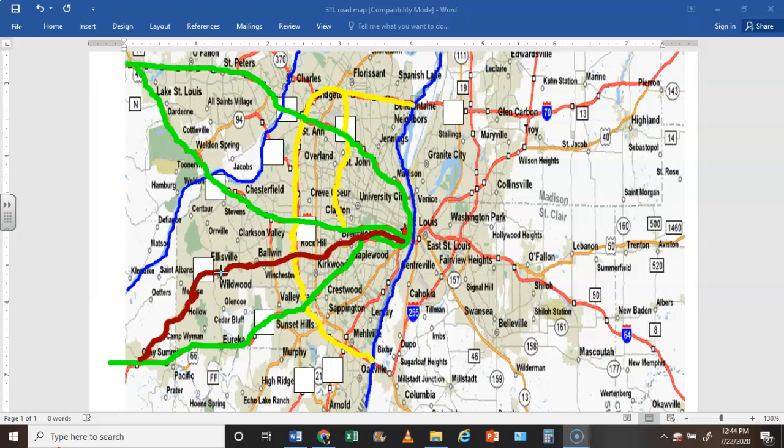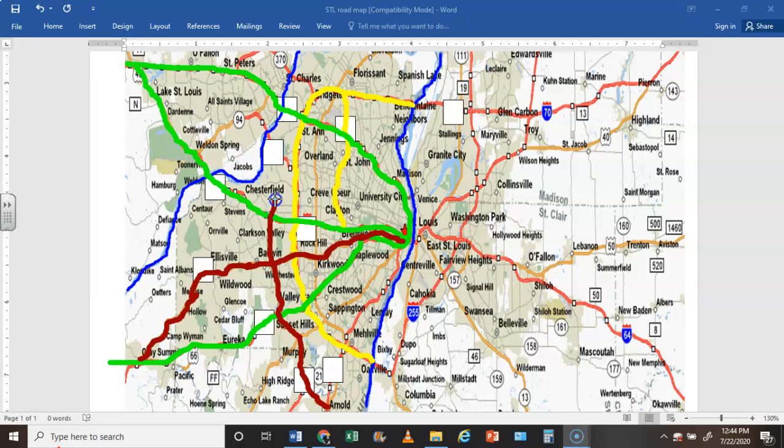is one of the oldest roads in the St. Louis area. Then go down here to the south where you see Arnold. And if you take Arnold and you start heading north and go through Murphy and go through Sunset Hills, and then you go right by Valley Park, and then you come up through Winchester and Baldwin, you cross Highway 100, and then you go through Clarkson Valley, and you see that it basically runs into Highway 40 from here.